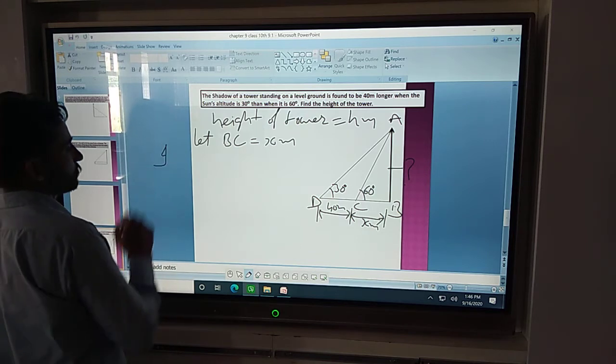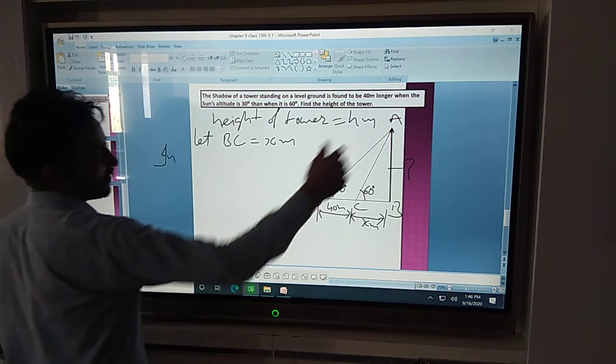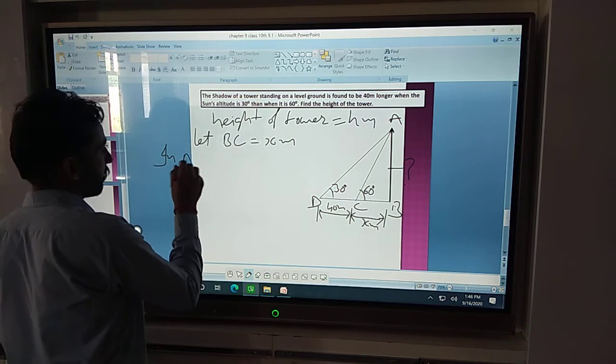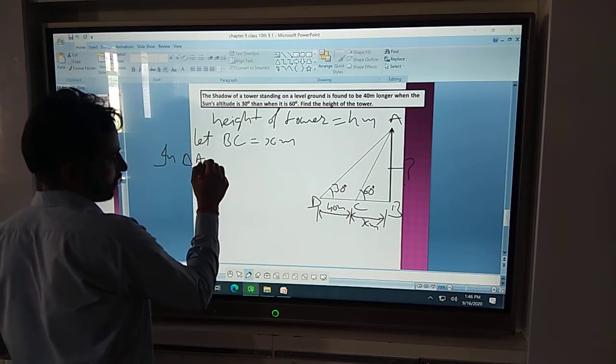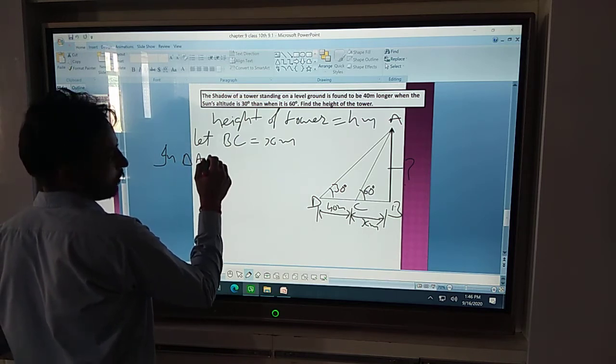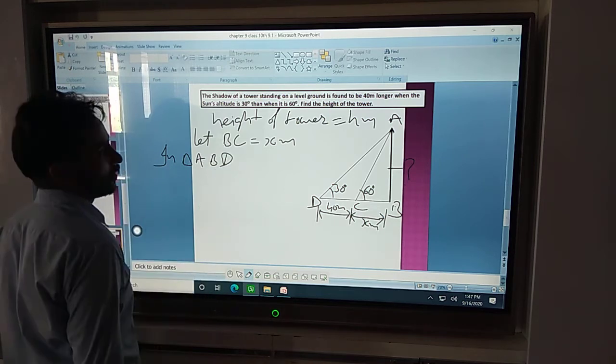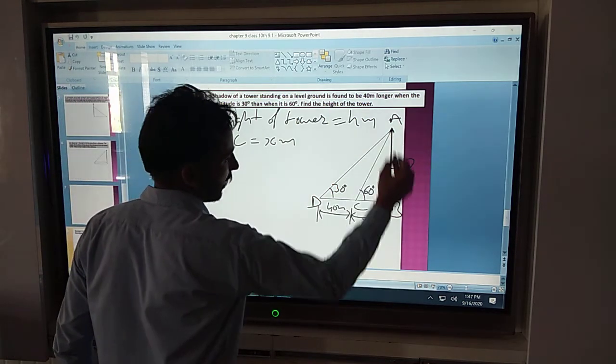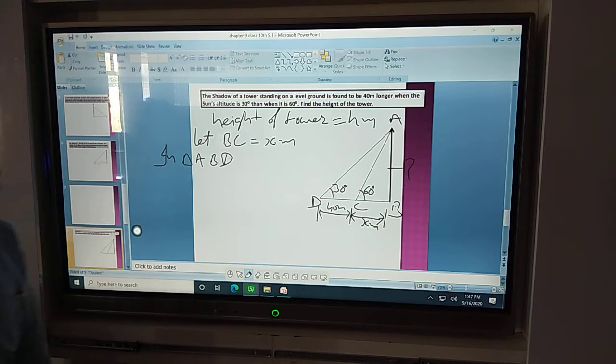Firstly taking triangle ABD, the full triangle ABD. पूरी की पूरी triangle लो. The angle of elevation is 30 degree.